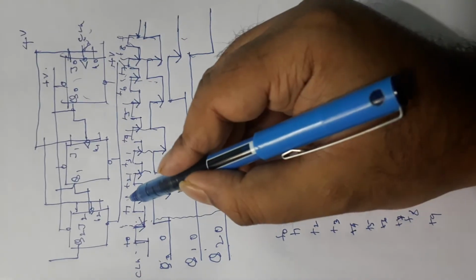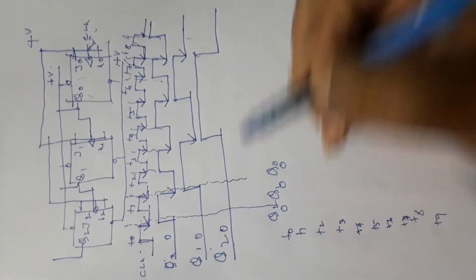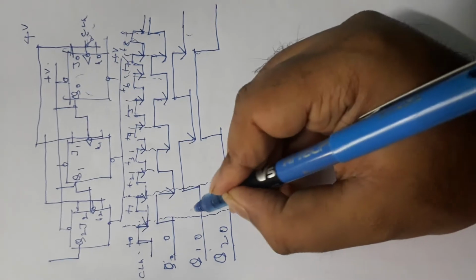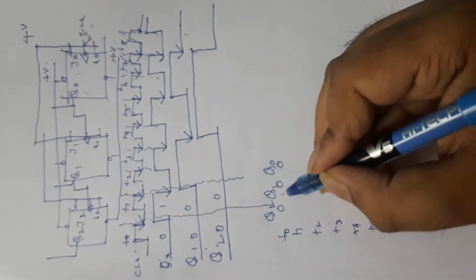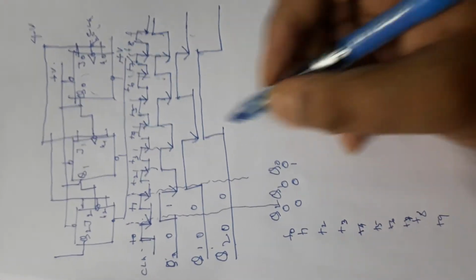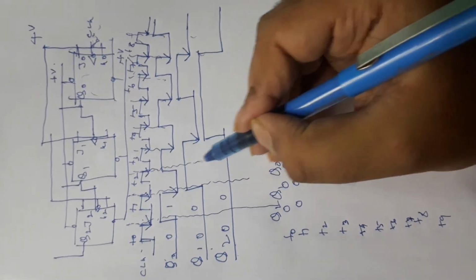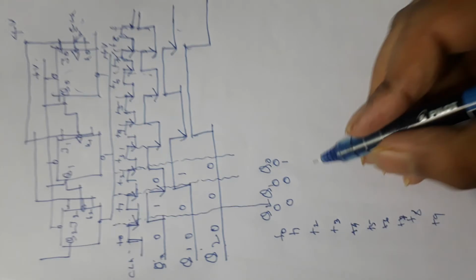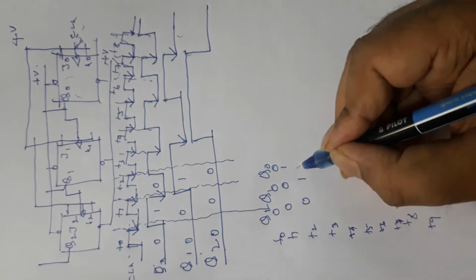In the T1 state, we are having 0, 0, 1, like the binary sequence. In the T2 state, 0, 1, 0.